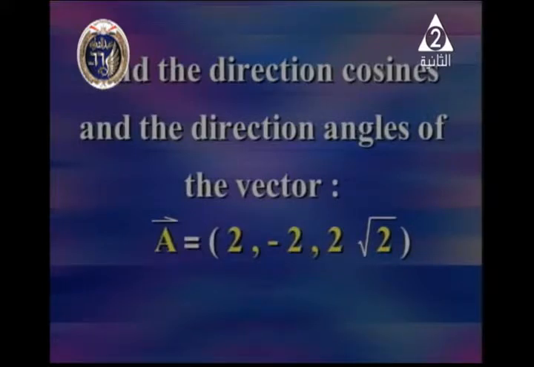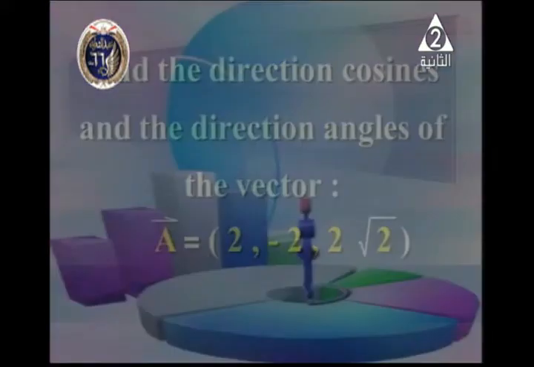The direction angles are theta x, theta y, theta z. If we find cosine theta x, we use the calculator: shift cosine of the answer gives the value of theta x, and we find theta y and theta z by the same method. Dear students, we have vector A = (2, -2, 2√2).